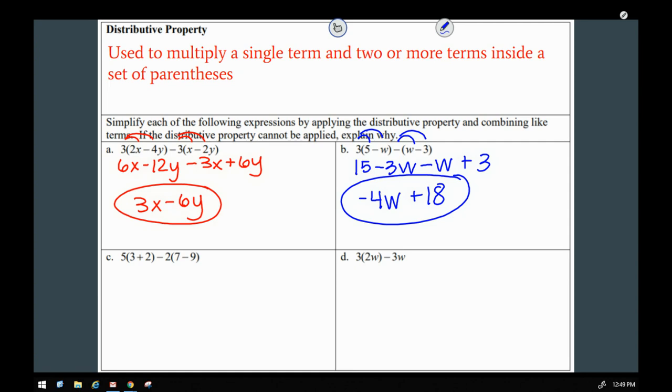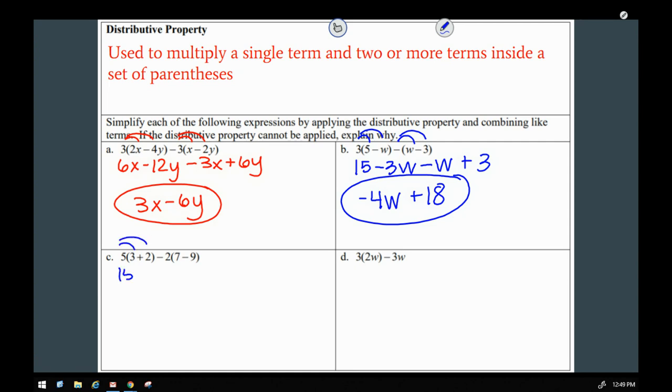Okay. Am I using the distributive property on part C? Yes, no? Can you? Do you have to? No. Okay. If I was working this problem, I probably wouldn't. I would probably add the 3 plus 2 first and then multiply by 5, which would not be the distributive property. But you can.